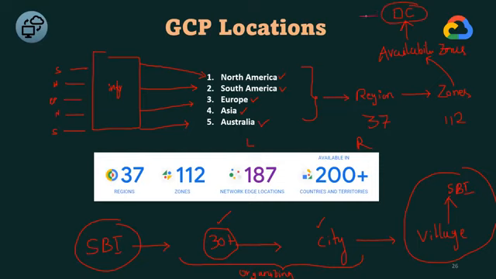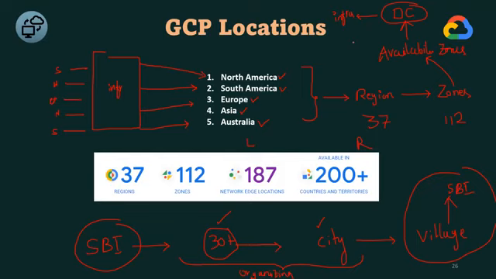As per Google, a data center is where the actual physical resources as well as virtual resources are situated. Each zone will have one data center, so that's the reason zones are called availability zones.